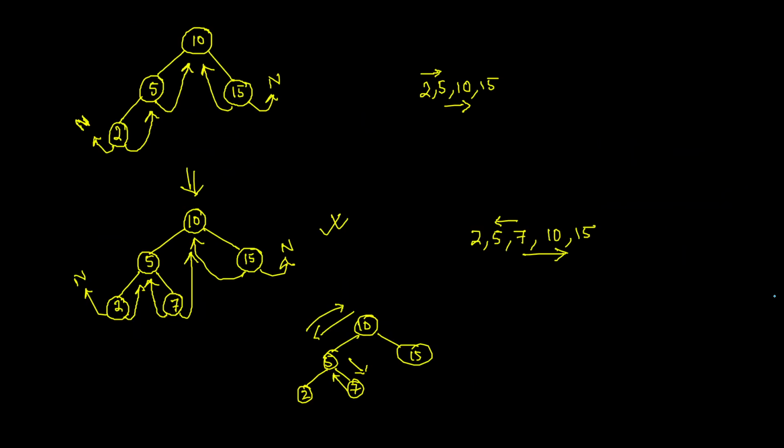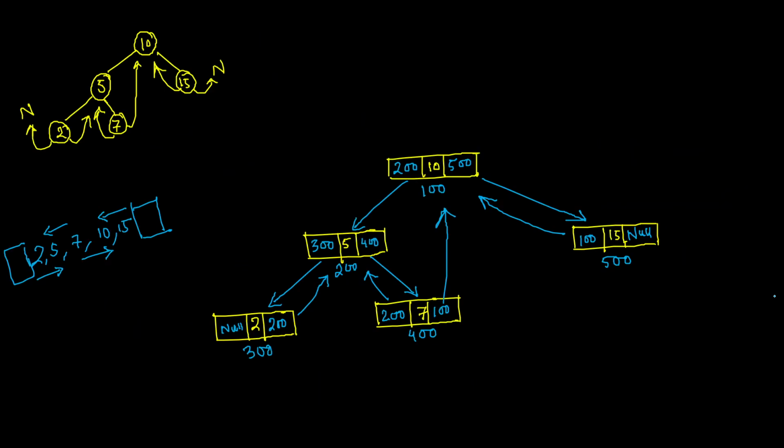Now as a programmer, how will a program understand that the right pointer of 7, which contains 100, is the address of the right child of 7 or the Inorder successor of 7?